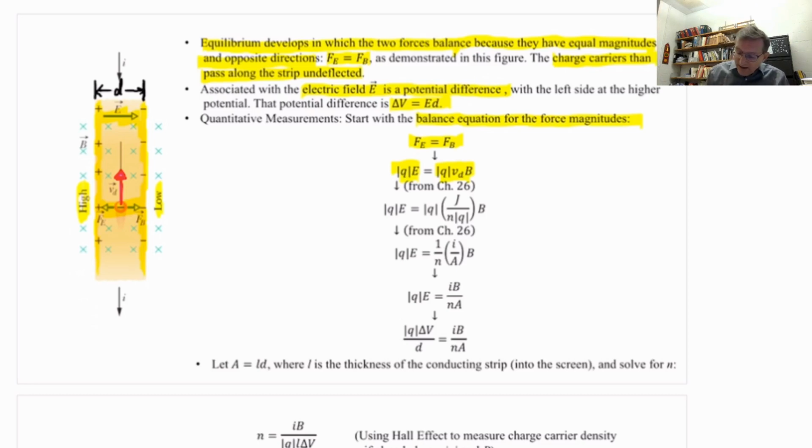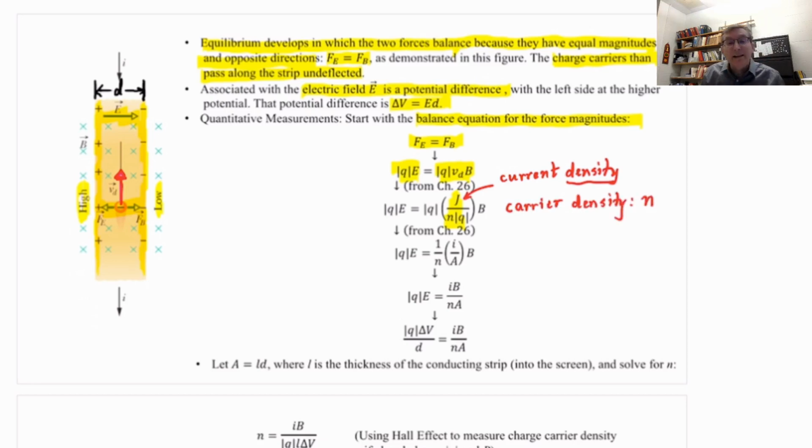The next thing I did is use an idea from chapter 26 on the right-hand side. I replaced the drift speed, Vd, with the magnitude of the current density, J, in the copper, over N, the carrier density.